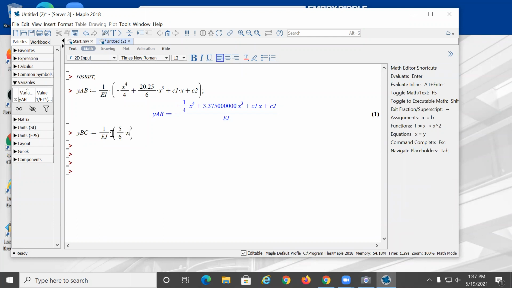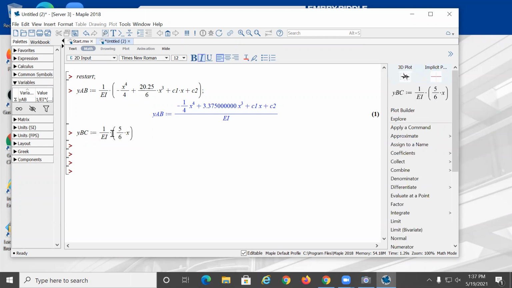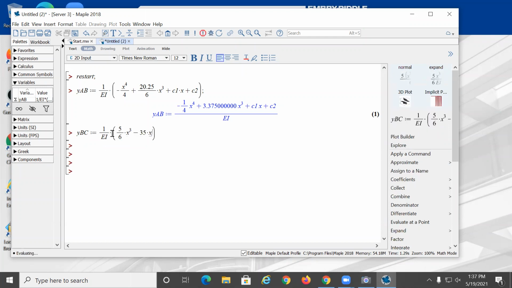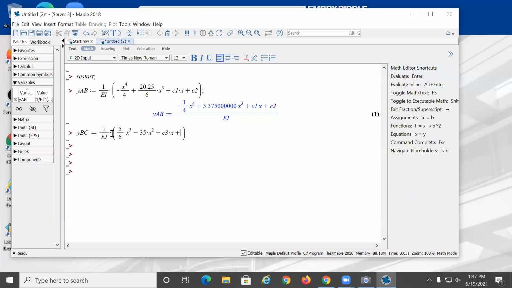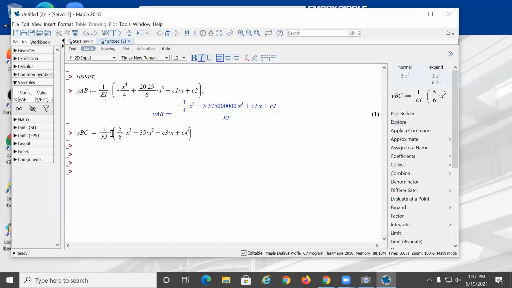That's why I'm doing it. I have the results to tell the truth, but when I teach a class, I like to do everything from scratch with you guys. Minus 35 times X squared plus C3 times X plus C4.